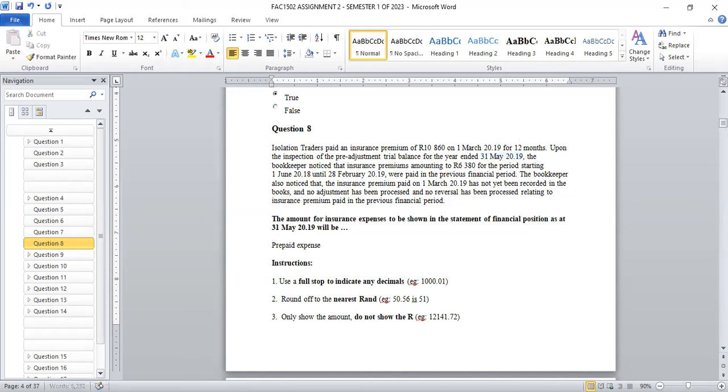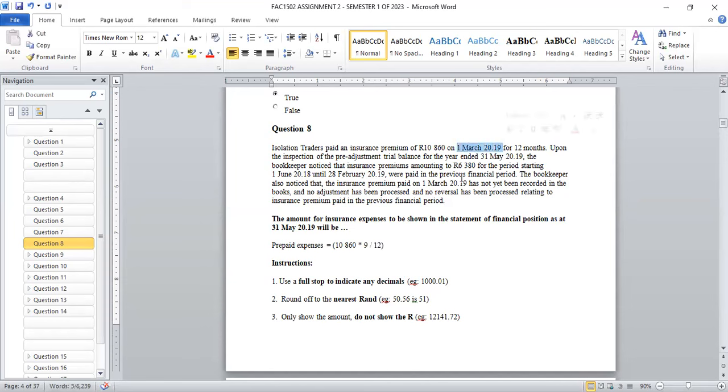So the prepaid expenses would be equal to 10,860 multiplied by 9 divided by 12. Where is my 9 coming from? We said that the ones that fall in our period are March, April, May, which is 3 months.